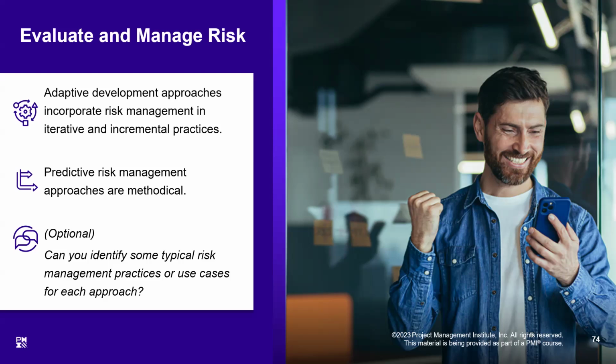And then we are managing those risks. We are monitoring and controlling those risks. If they happen, what actions do we have to take? So that was the difference between the two extremes, the agile and the predictive, and how we monitor and control them.